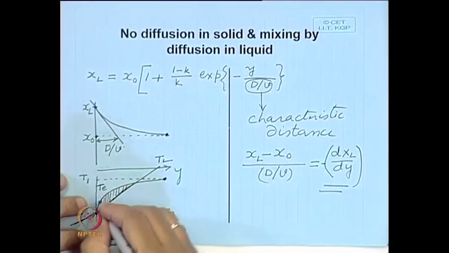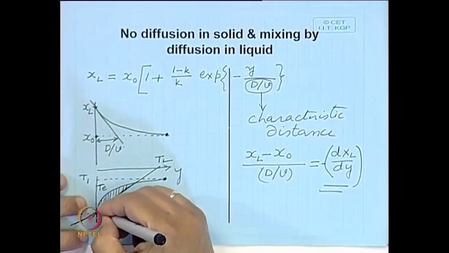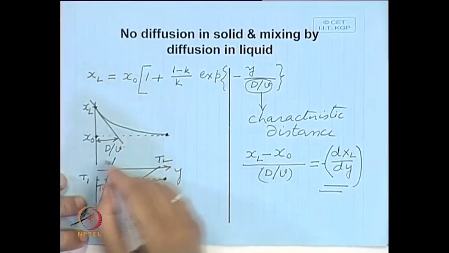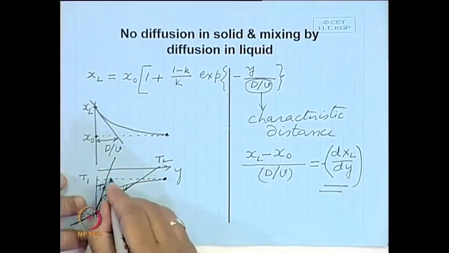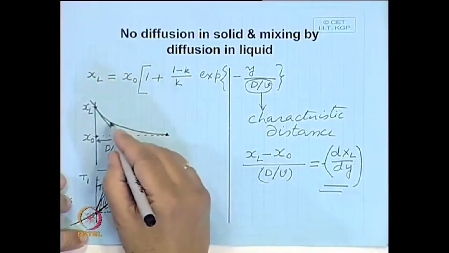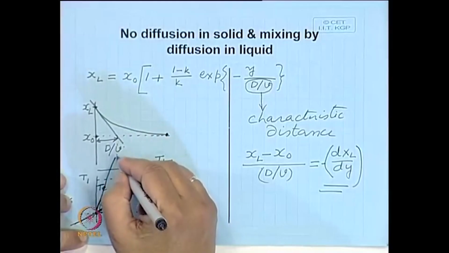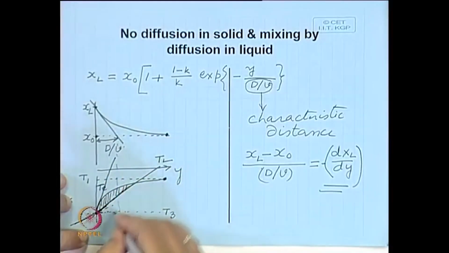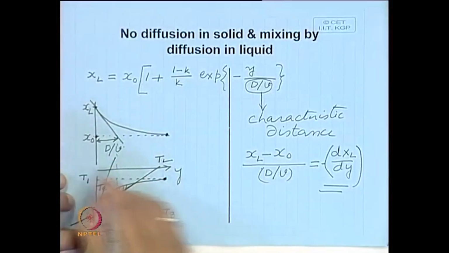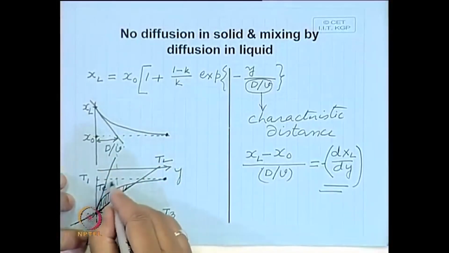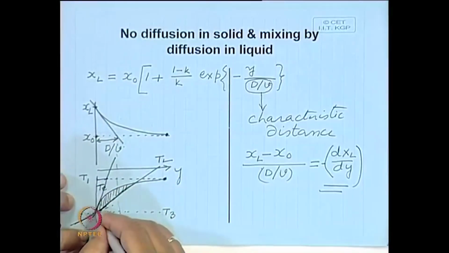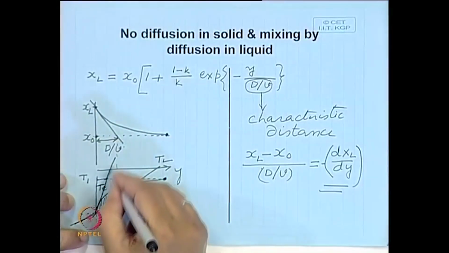But look at this case, if you are able to maintain this gradient, that means this distance, this is the distance. So, at this distance, if you are able to maintain that tangent, you draw this tangent to this.